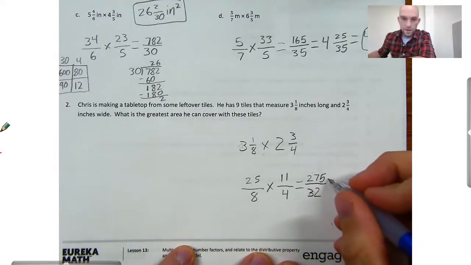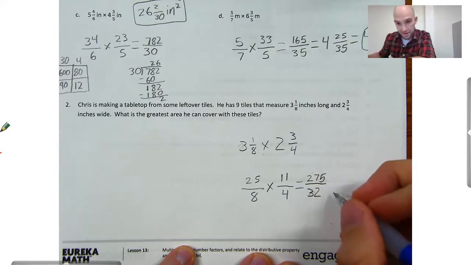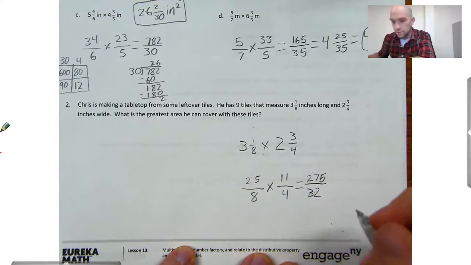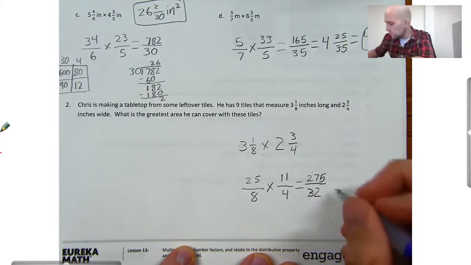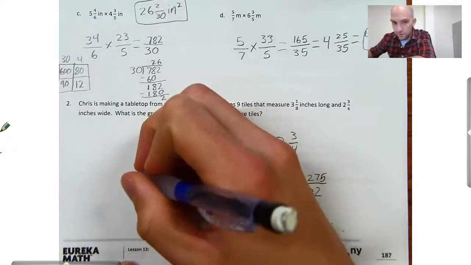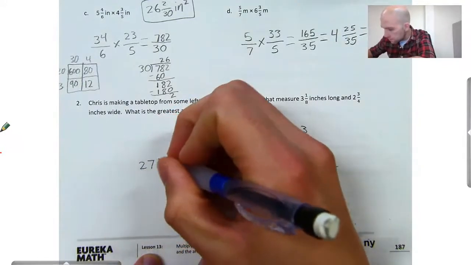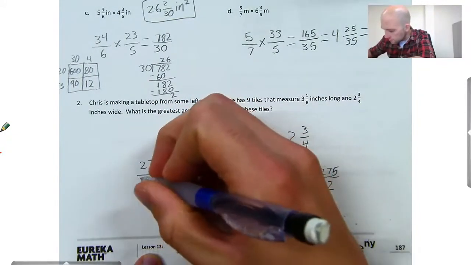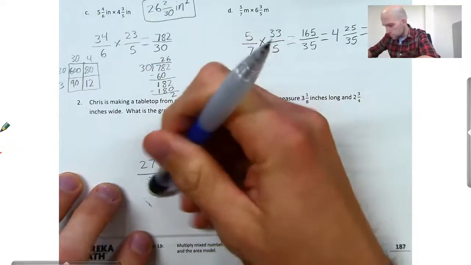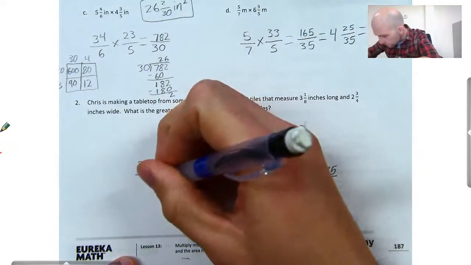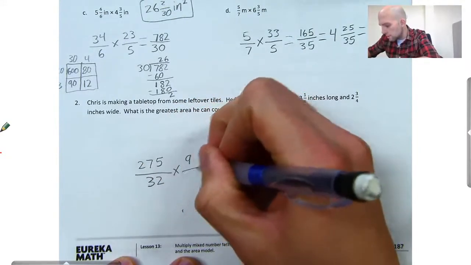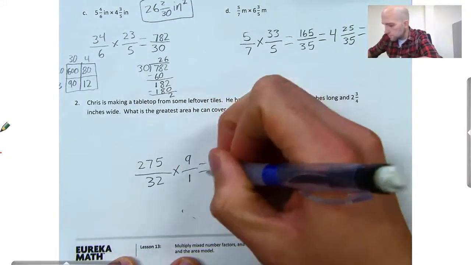And I'm going to multiply that 275 by 9 before I even simplify this and turn it into a mixed number. So 275 thirty-seconds times 9 over 1.